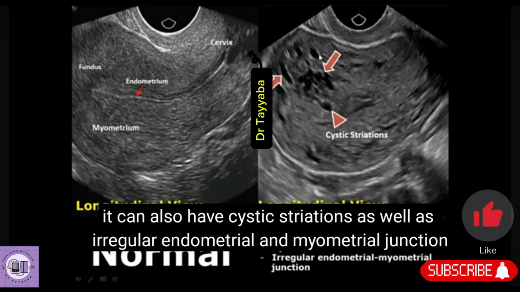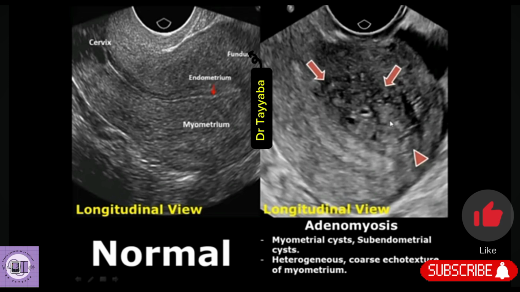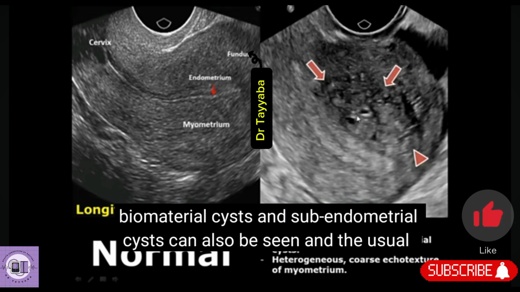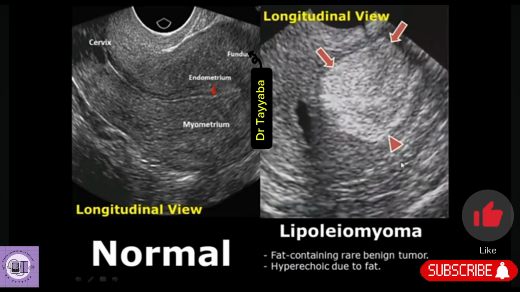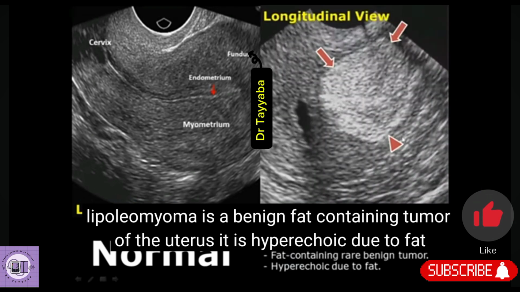It can also have cystic striations as well as irregular endometrial and myometrial junction. Myometrial cysts and subendometrial cysts can also be seen, and the usual heterogeneous echotexture can also be appreciated in adenomyosis.